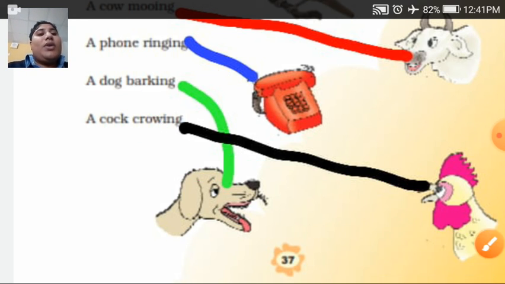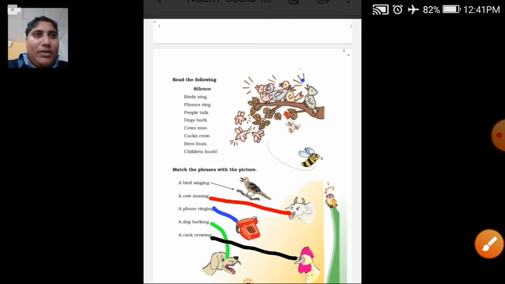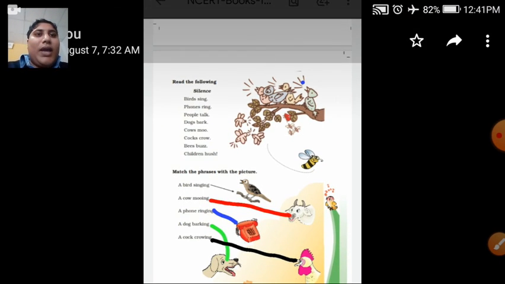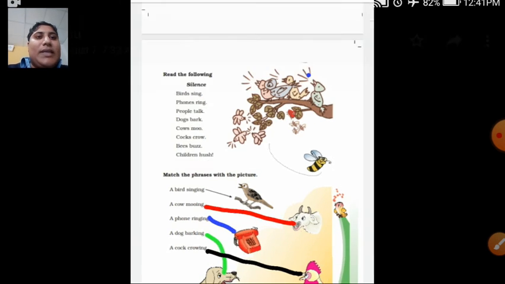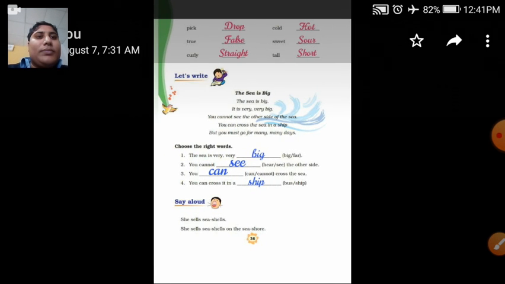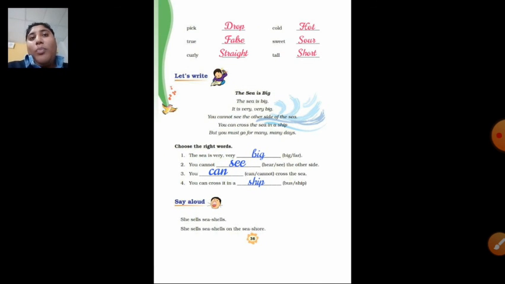Now let's summarize what we did today. Today we completed the opposite words that were left behind. We understood a poem about the sea and chose the right answers from the words given in the blanks.